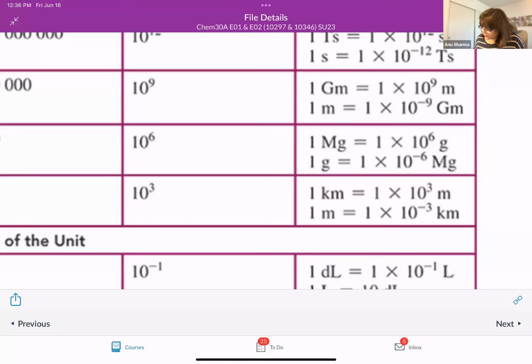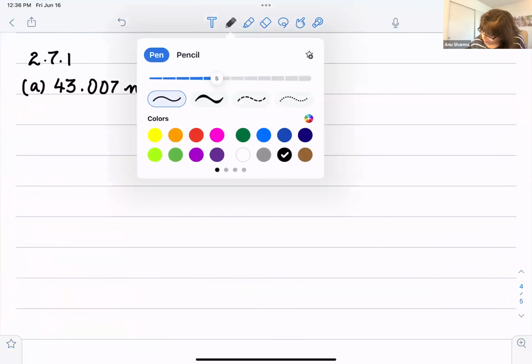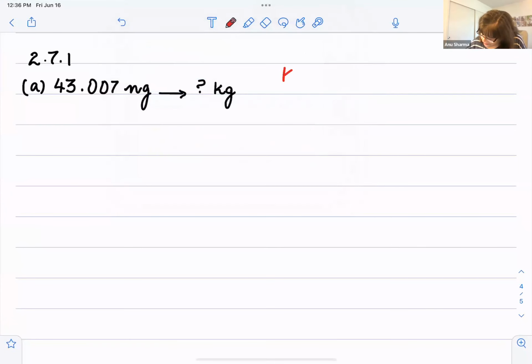Okay, so here, these are known quantities, known that 1 gram is equal to 1.0 into 10 to the power 9 nanograms, basically we write it like that.